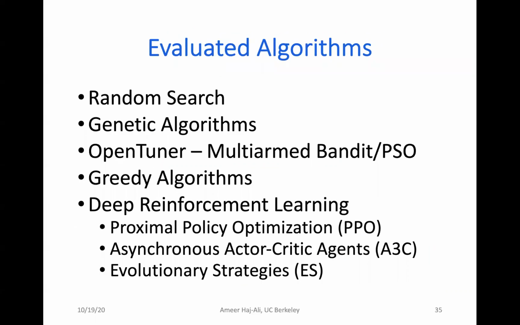For evaluation, we evaluated a lot of other possibilities other than the DeepRL, and we compared it against random search, genetic algorithms, OpenTuner. OpenTuner achieved the best performance so far before we used DeepRL and a variety of greedy algorithms. And for our DeepRL, we used different methods like PPO, proximal policy optimization, A3C, and evolutionary strategies.